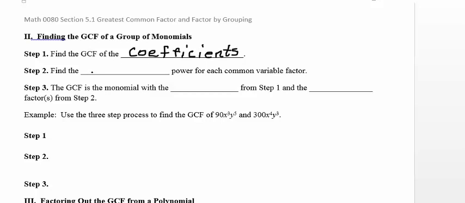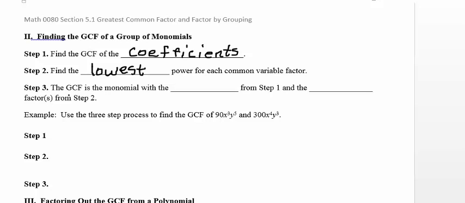Then we're going to use the lowest appearing power for each common variable factor. So that's actually going to be the highest power on that variable that divides evenly into each monomial.